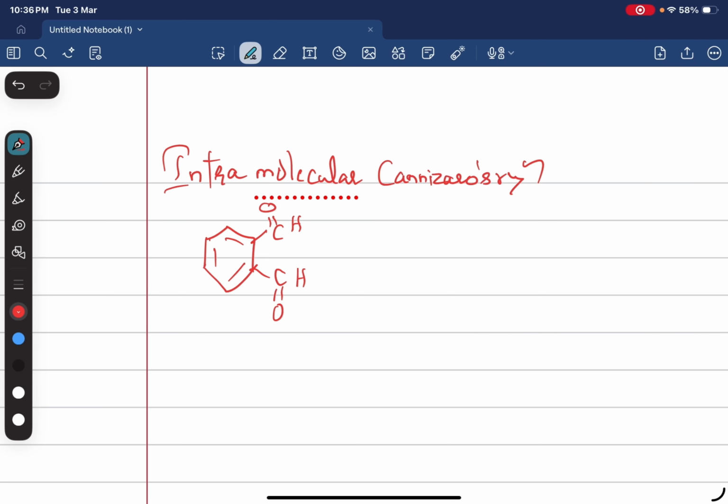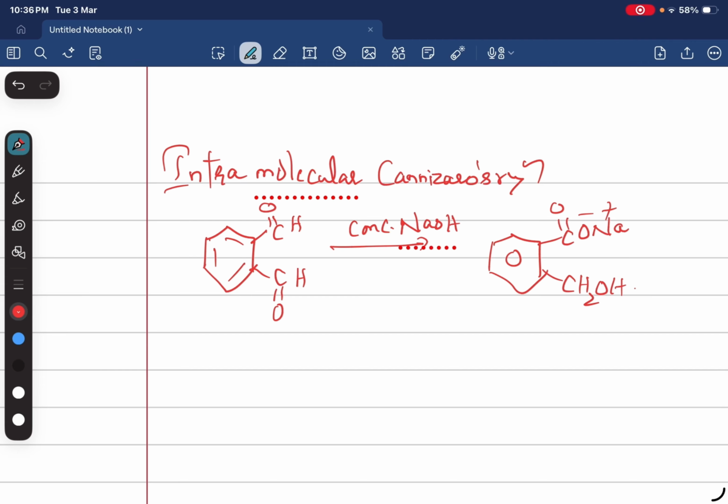In both cases no alpha hydrogens are present. Then one of the carbonyl groups becomes COO minus Na plus and the other one is CH2OH. Same way, this is intramolecular.